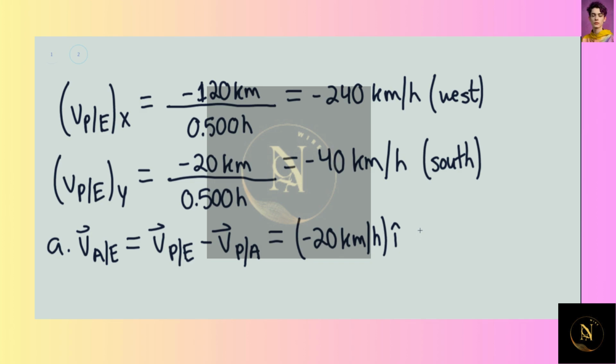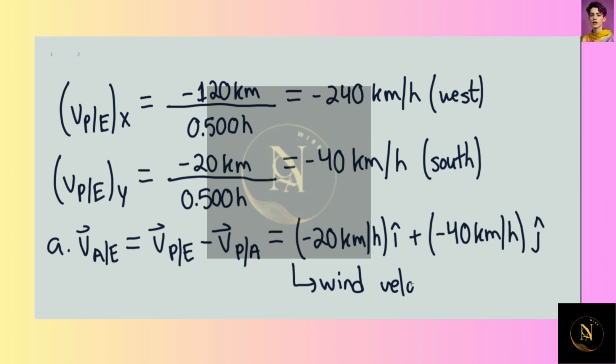And in the y, it would be plus negative 40 kilometers per hour, because initially there's 0, minus 40 kilometers per hour j hat. This would be our wind velocity, our final answer for part A here.